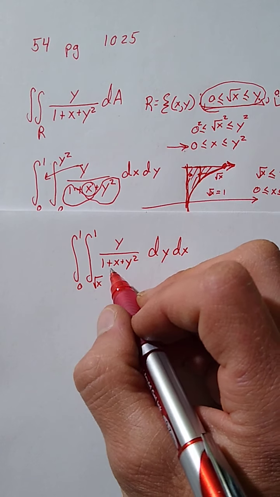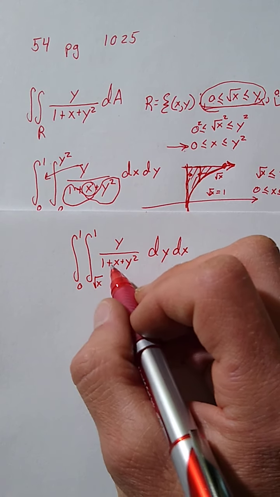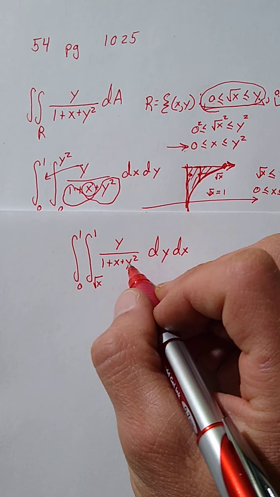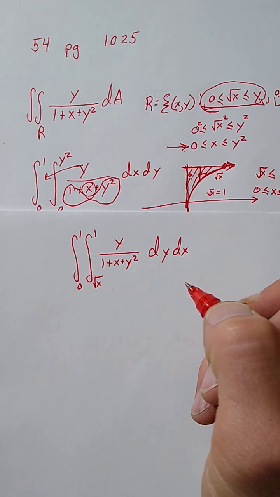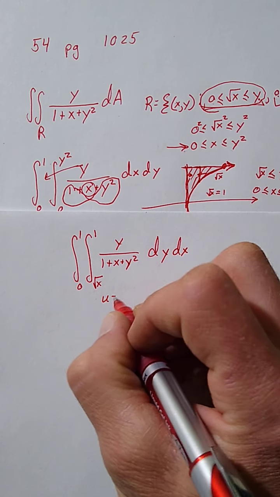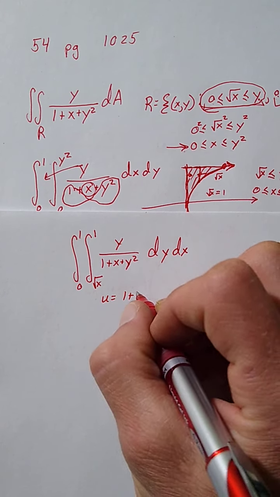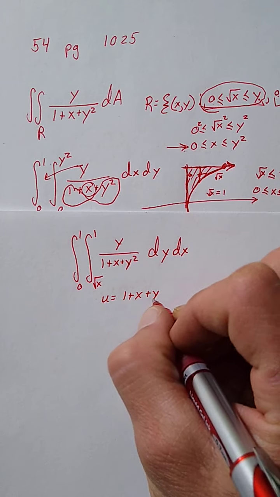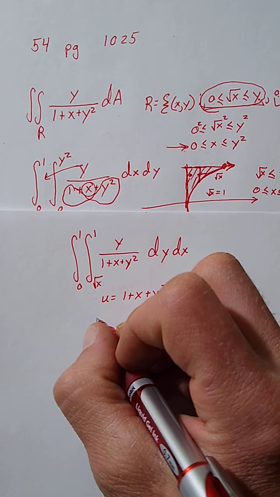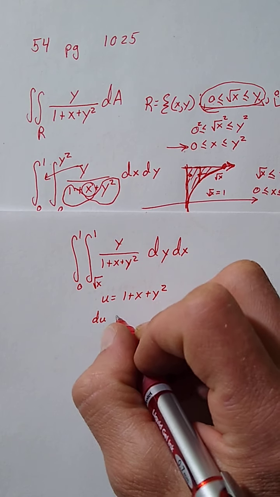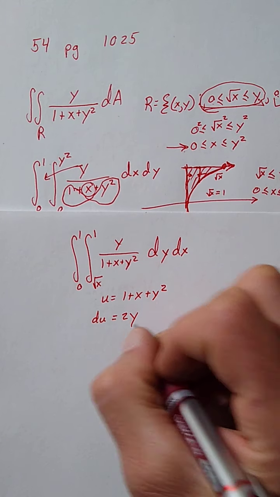Okay, so now doing this, I can actually see I've got kind of a u substitution here because I've got a y squared and a y. So I'm going to say u equals 1 plus x plus y squared, and then my du will equal 2y.